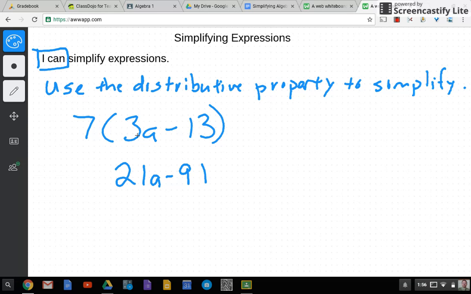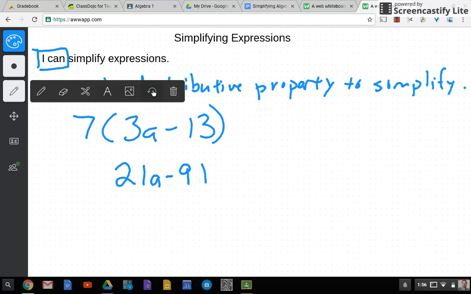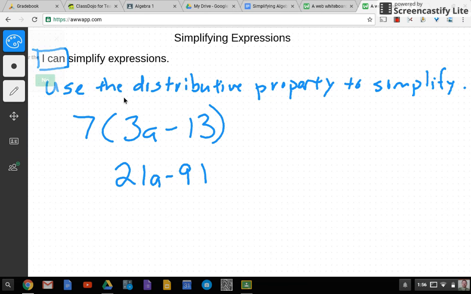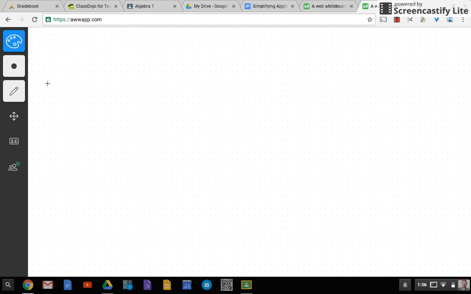Now, if you need at any time to come back and take a look at this, just simply pause the video. I'm actually going to clear off my page, and on my notes I would just skip a line to this next part that I'm going to write. Let me grab a different color. So other types of problems that you're going to get, you could probably read it better if I typed this.